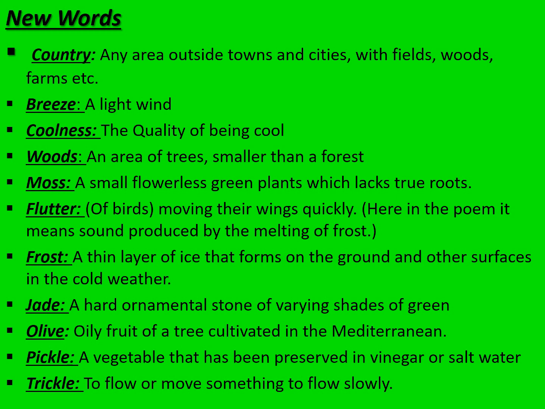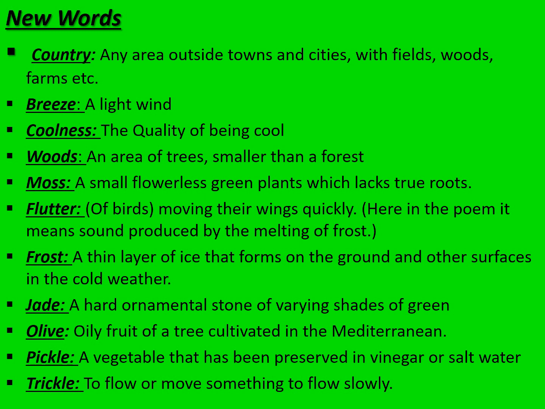Flutter, of birds moving their wings quickly, but here in the poem it means the sound produced by the melting of frost. Frost, a thin layer of ice that forms on the ground and other surfaces in cold weather. Jade, a hard ornamental stone of varying shades of green.